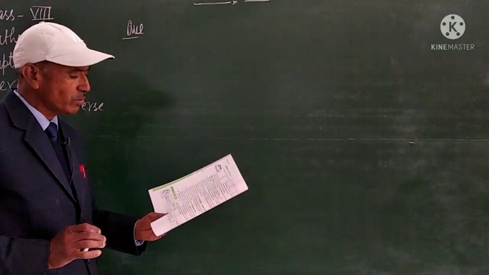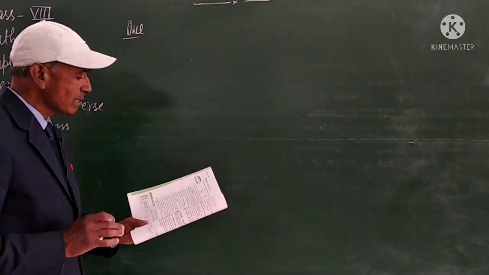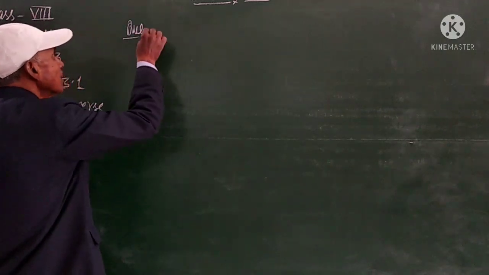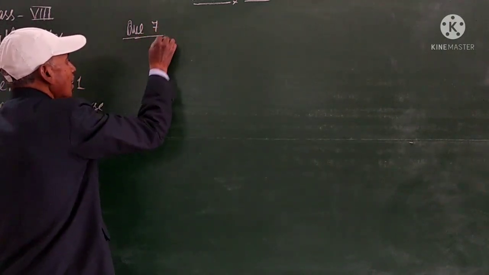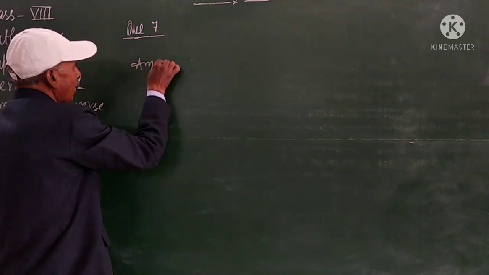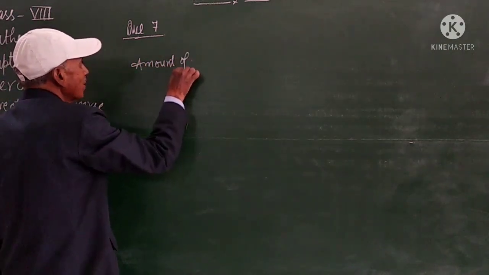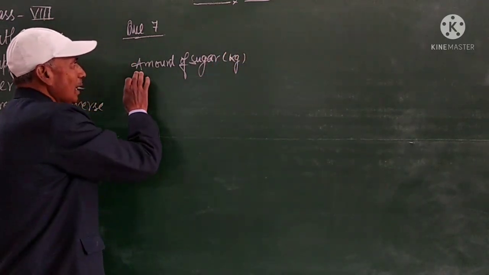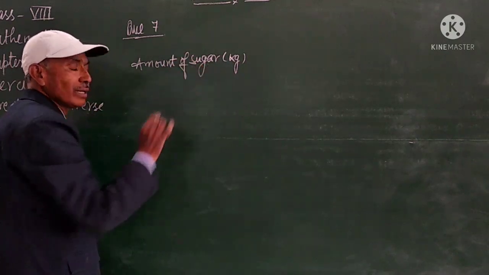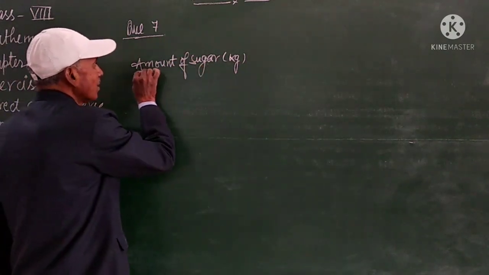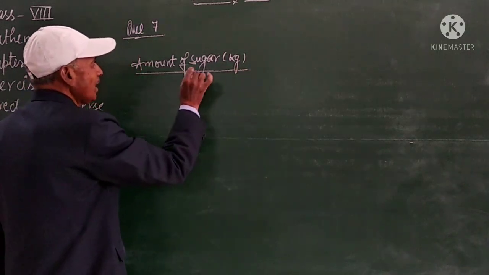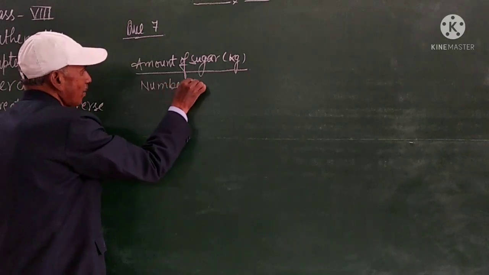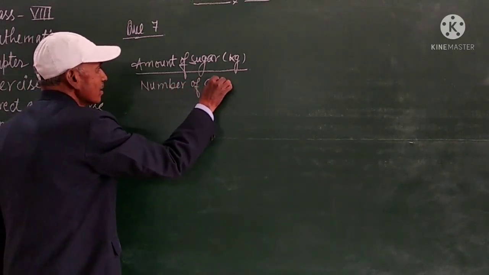There are two parts, student, and in this, the amount of sugar is given in kilogram, student. And the second one is the number of crystals.